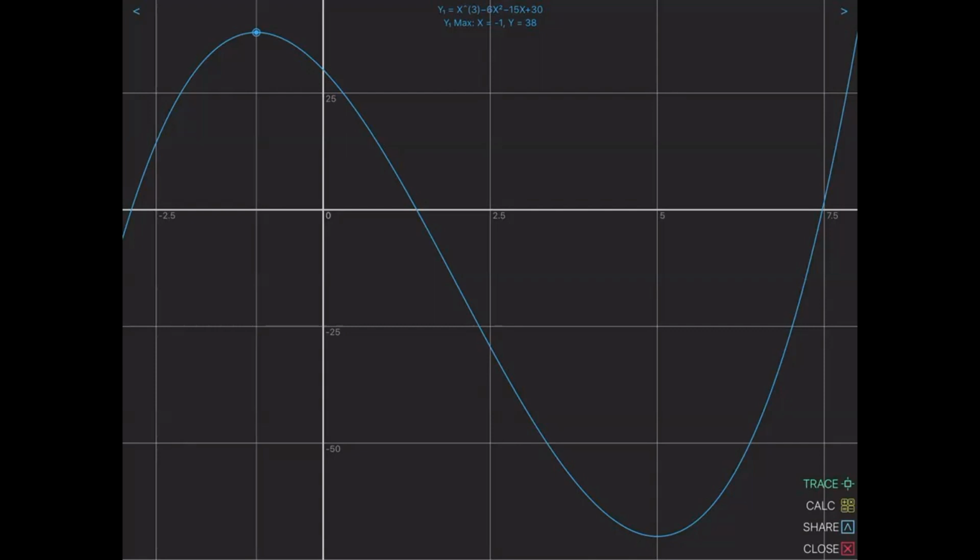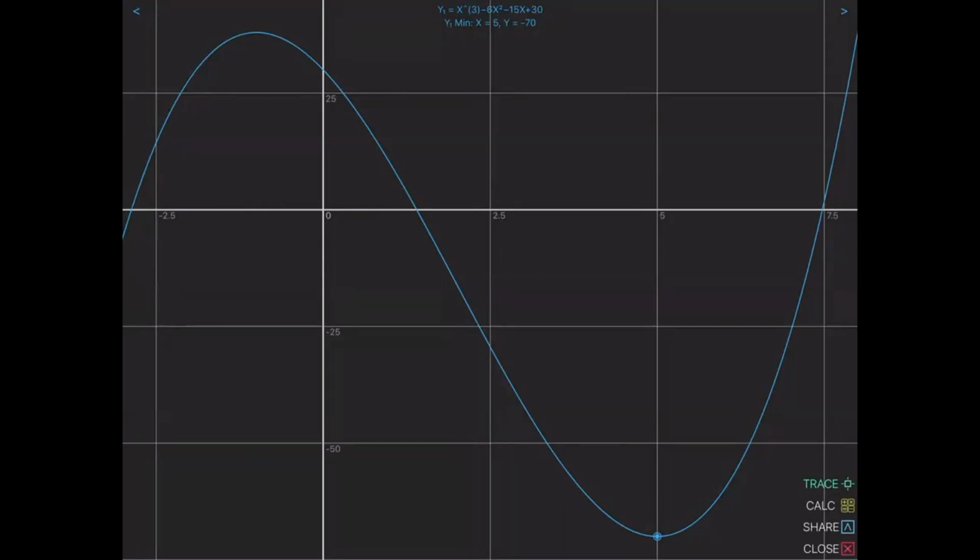And then after that, our function starts to decrease, starts to come down until it reaches the next critical point here at x equals 5, where we have a relative minimum of -70. And then after that second critical number, our function starts to come back up again. So here we have our high peak, the hill of our function, and here we have the low peak, the valley of our function.